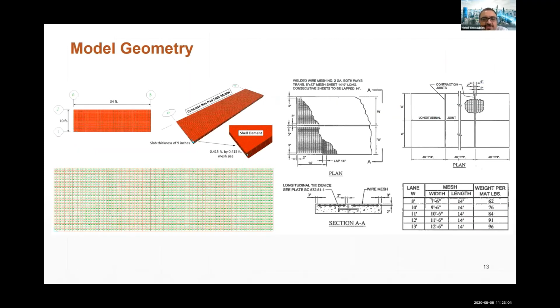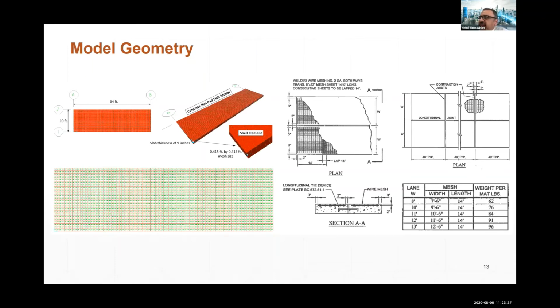Regarding the model geometry, the size of the mesh was based on the size of the bus pad that Baltimore City is now using, in terms of the width and the length, and also in terms of the design, we consider the same reinforcement that Baltimore City used to design these bus pads.